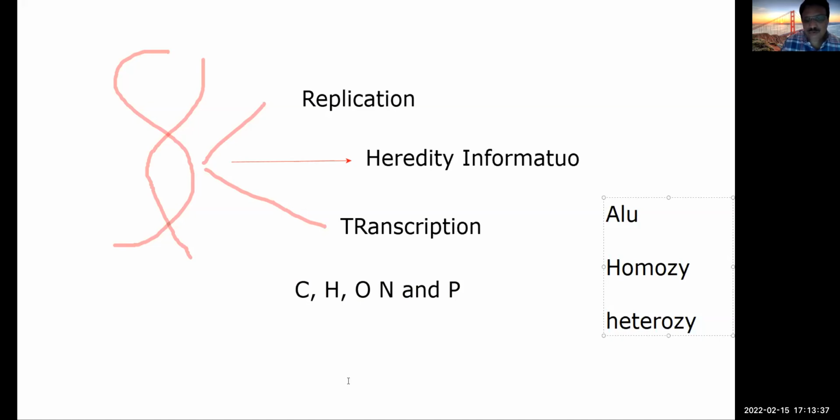So this can be used for epidemiology. For example, we can look at one zip code or one of the boroughs of New York City, and see how many people have a homozygous ALU gene or a heterozygous ALU gene.